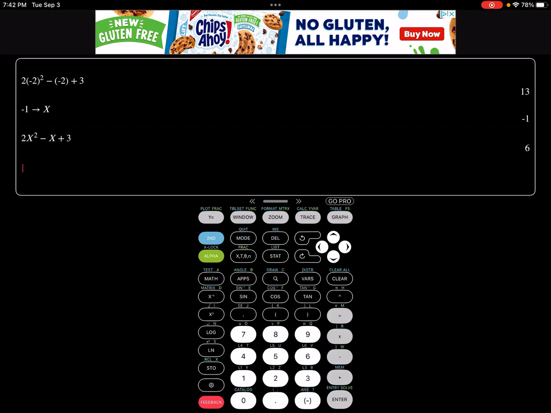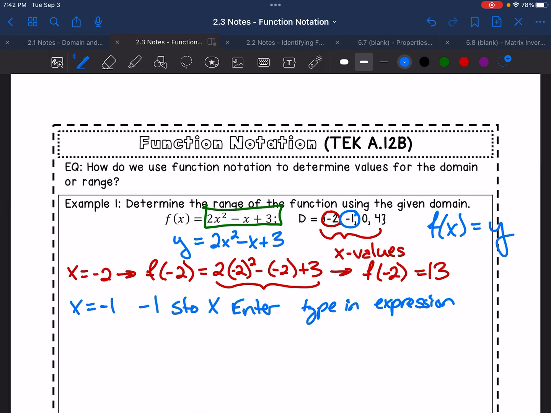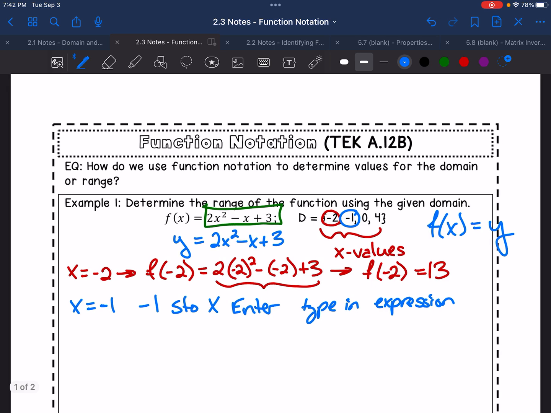And when I type it in, the calculator knows that every time it has an x, that means you're typing in a -1. And so it tells me that the answer is 6. So that means that when x equals -1, my y is equal to 6. Okay? Remember, f of -1 just means y equals 6 when x is a -1.